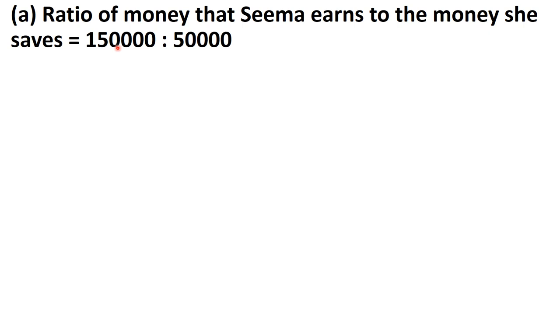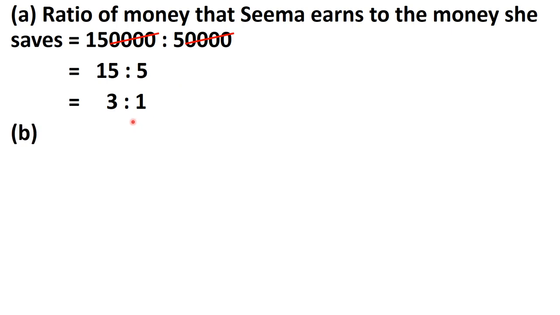So, I have written only 1,50,000 is to 50,000. Now, don't start cutting it by 2. Cut the zeros. These 4 zeros will cut by these 4 zeros. Now see what is left. 15 is to 5. Now we can write down easily. 5 3s are 15, 5 1s are 5. So ratio is 3 is to 1.